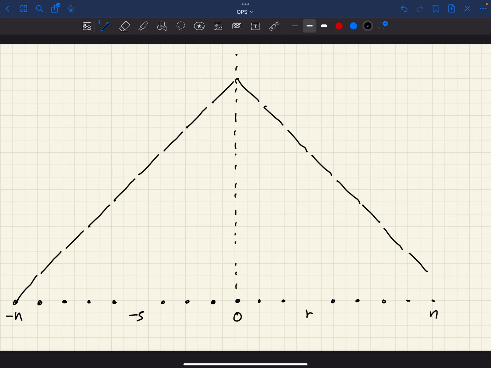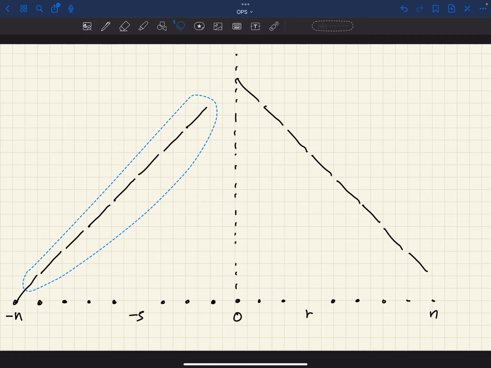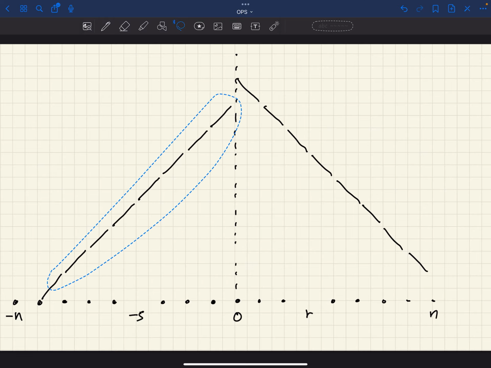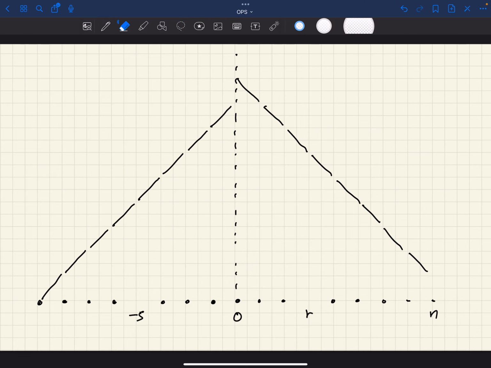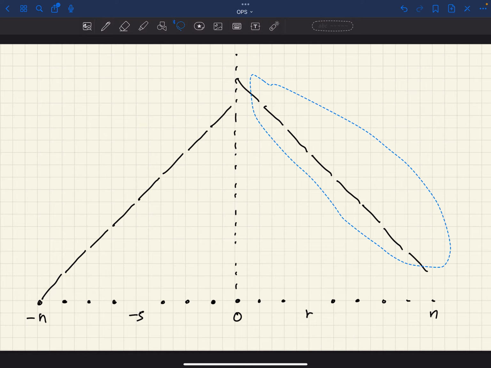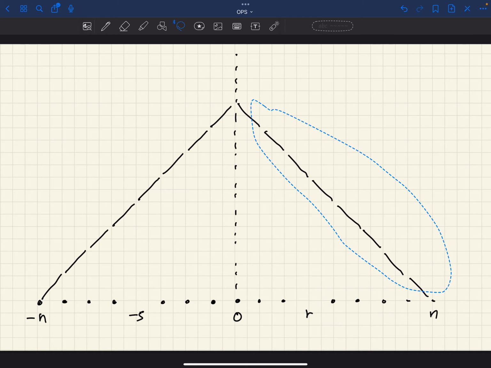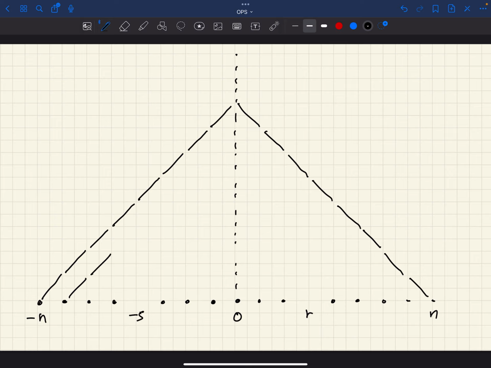Oh, yes, sorry about that. This must be this. I think this is n, minus n. And this must be like this, and up. This is going to be k. This is our k.